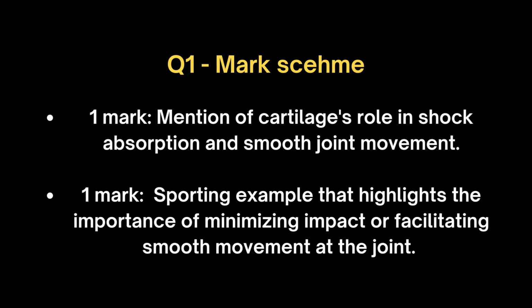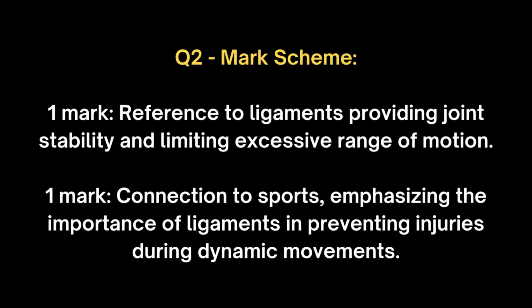Question 1. Explain the role of cartilage during physical activities. 1 mark for mention of cartilage's role in shock absorption and smooth joint movement. 1 mark for a sporting example that highlights the importance of minimizing impact or facilitating smooth movement at the joint. Question 2.